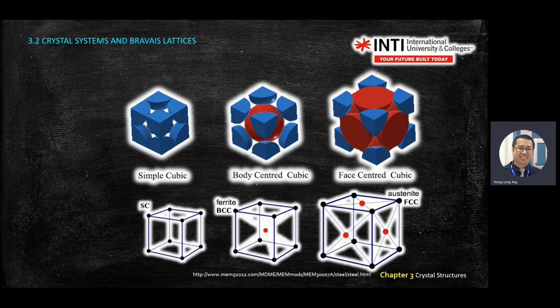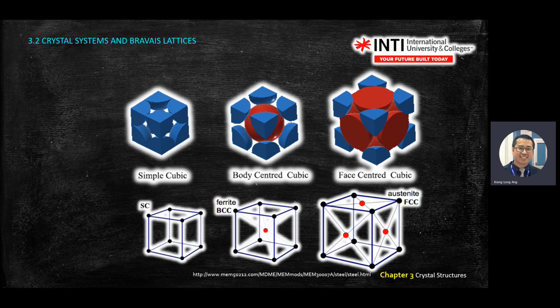Another one is called face-centered. Face-centered means in the cube, how many faces do you have? 6. So face-centered means the atom goes to the face. Each face has 1 atom, and then the back, bottom, left.